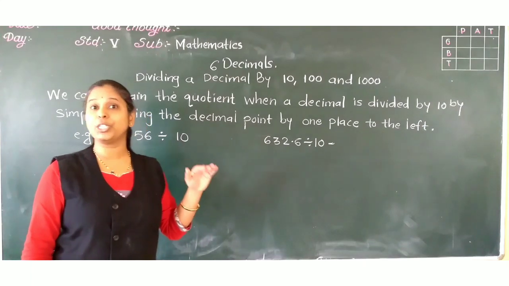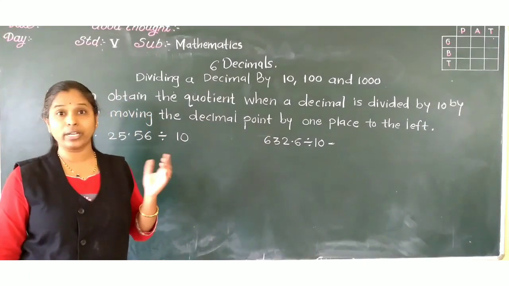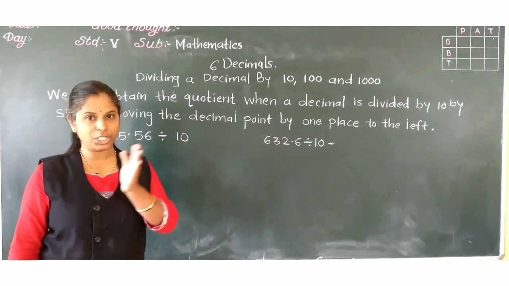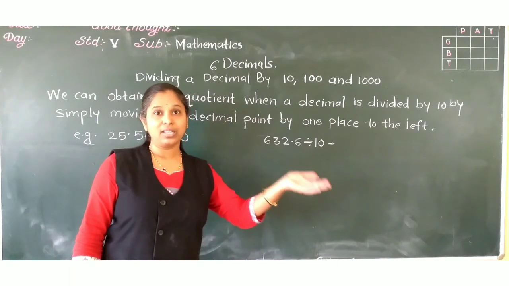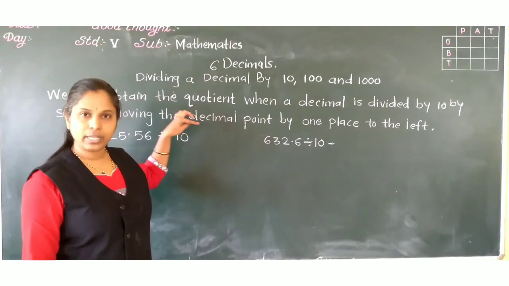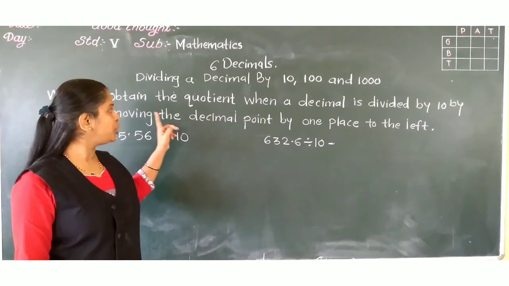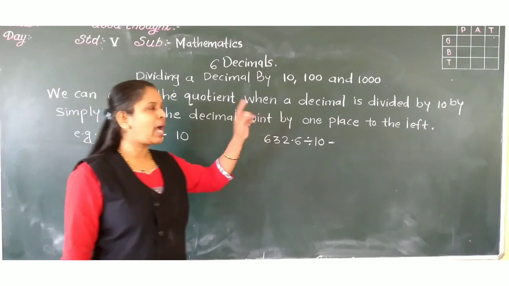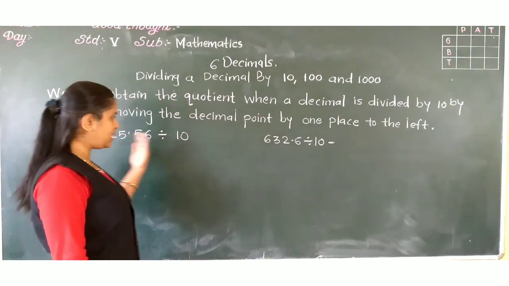See, in multiplication by 10, 100 and 1000, what did we do? We were just shifting the decimal to the right side, correct? Now here in division, what do we have to do? If you are dividing the decimal by 10, you have to shift the decimal point by one place to the left side. Okay, means this side.